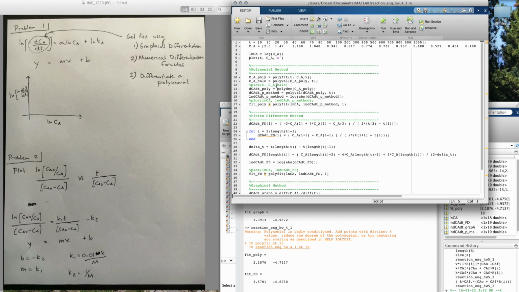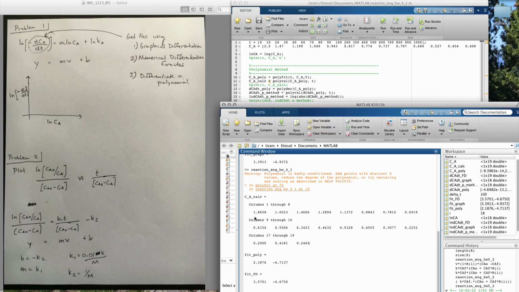Then polyval calculates this. I have a polynomial, and this is calculating what it is at each point t. I'll just show you that real quick. If I check that, it'll show up. So this is what it's calculating for CA from that polynomial.